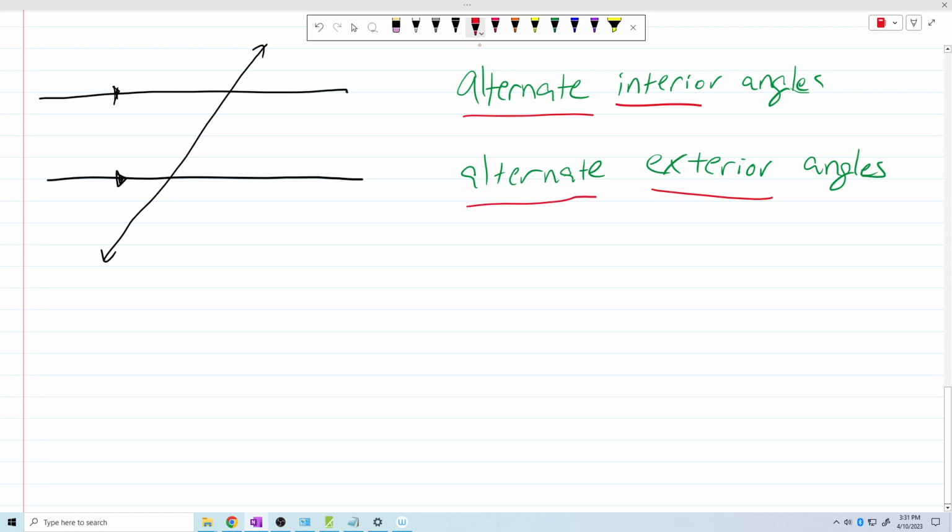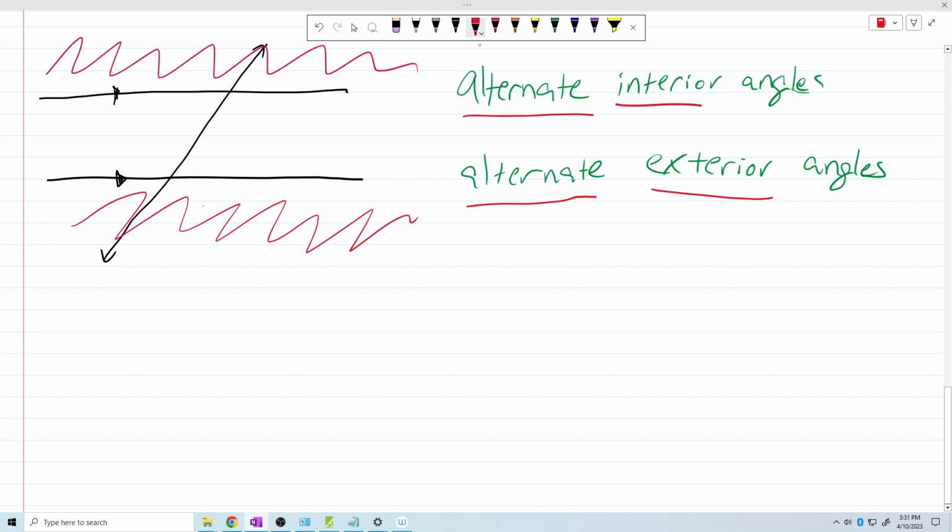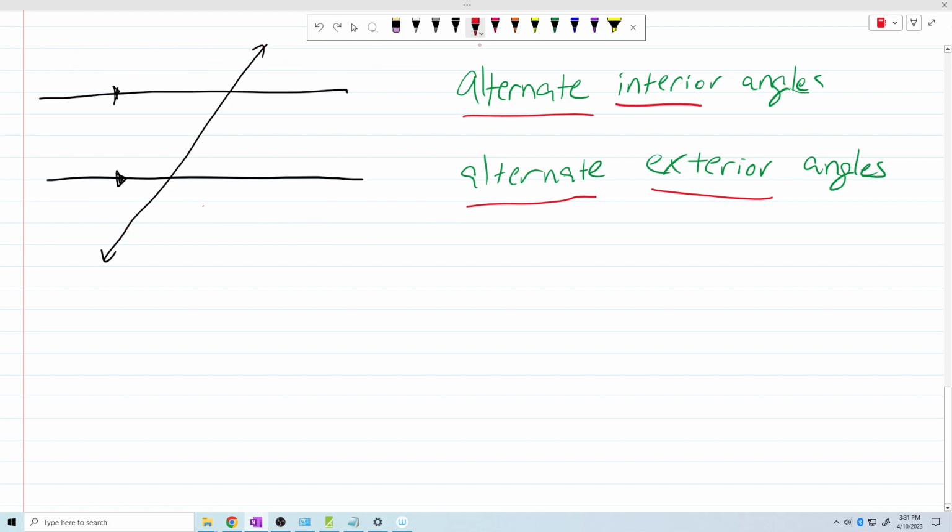If interior means inside these parallel lines, then it would be logical to say that with the word exterior, we're saying the angles outside of these parallel lines, right? So for example, this one's out there, this one's out there, this one's out there, and this one out there. It's the exact same idea, just a different location.